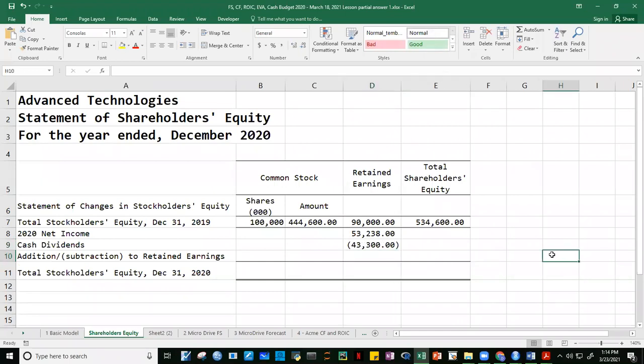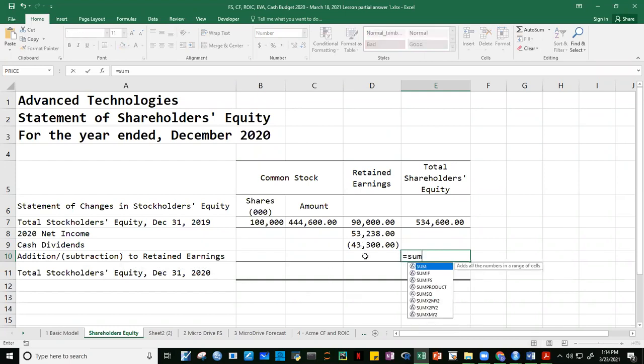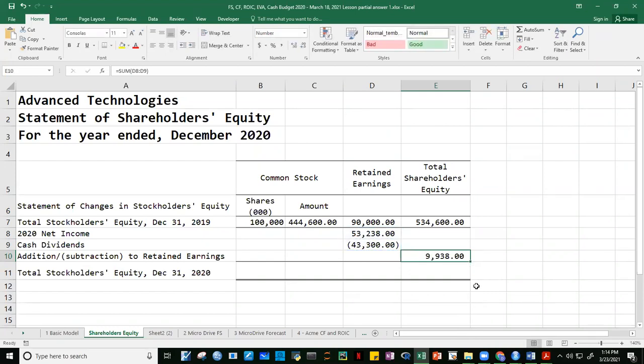Okay. Okay, clear so far? Yes, po sir. Okay, so therefore, the addition slash subtraction to retained earnings will be just the sum of this. So isum natin to, sum of this. And then yung net niyan, dito pupunta sa shareholders equity.